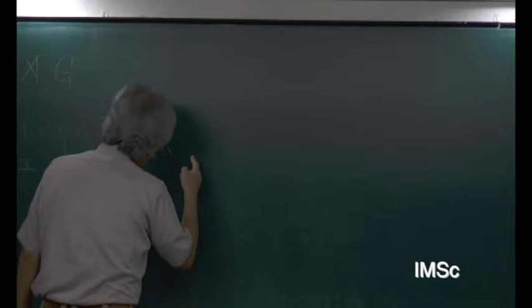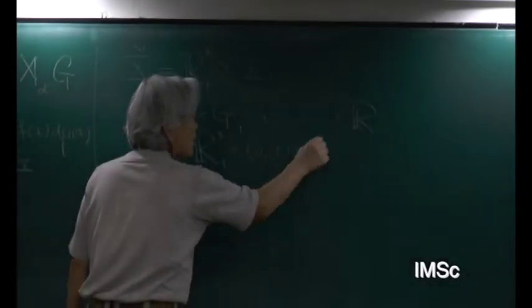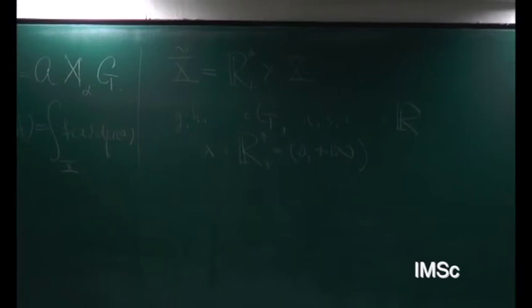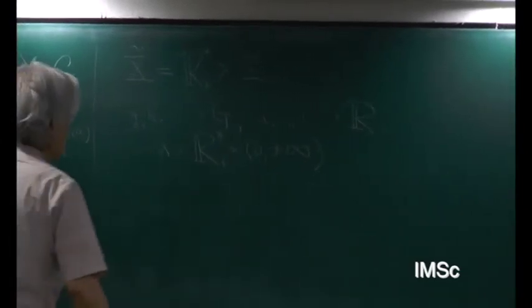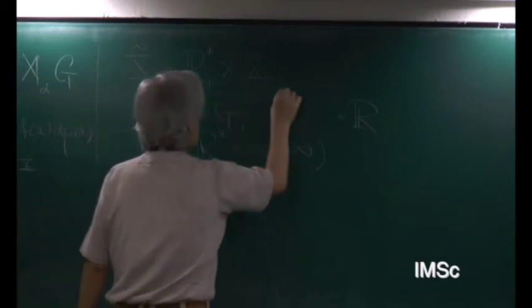And lambda, I don't use mu, since mu is reserved for the measure, so this is 0 to plus infinity. Is it better? Okay. And so now this is your new space.